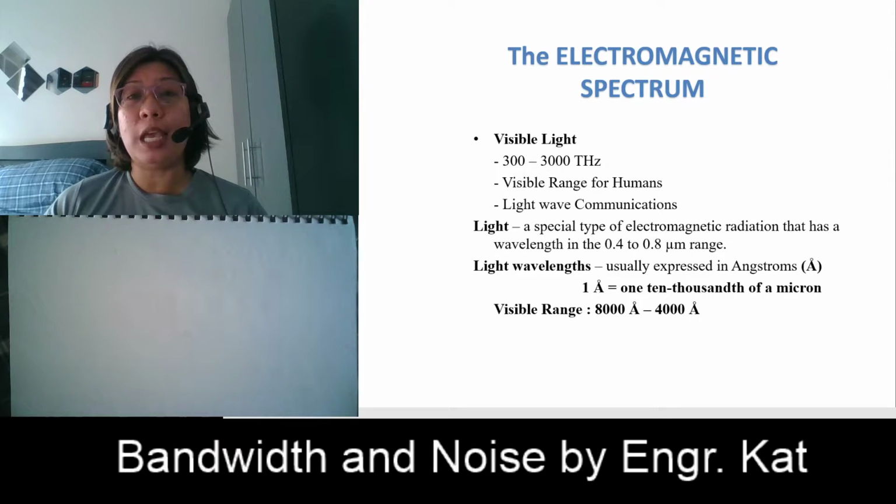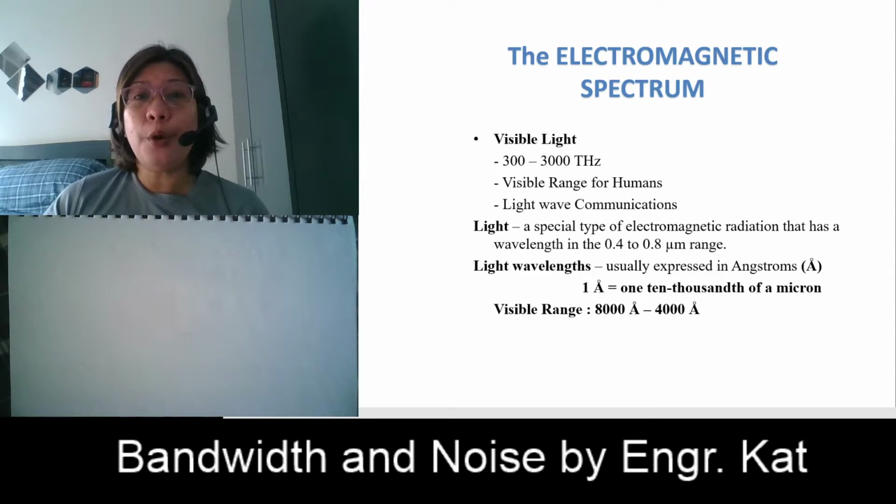Okay, so we have here light wave communications. So light is a special type of electromagnetic radiation that has wavelength in the 0.4 to 0.8 micrometer range. Okay, so your light wavelength is usually expressed in angstrom. Okay, 1 angstrom is equivalent to 1/10,000 of a micron.